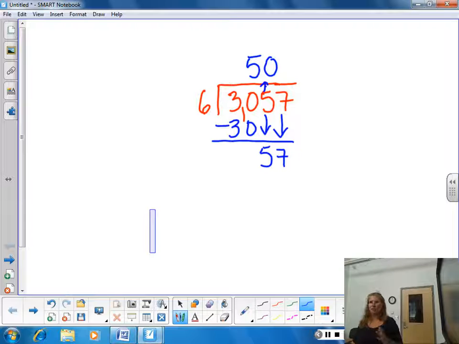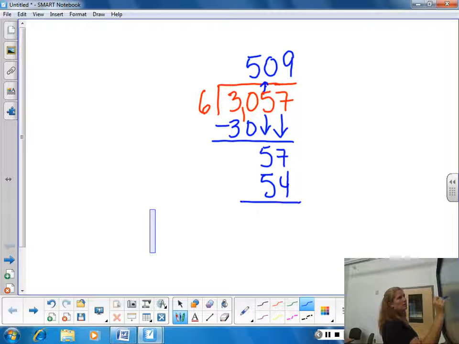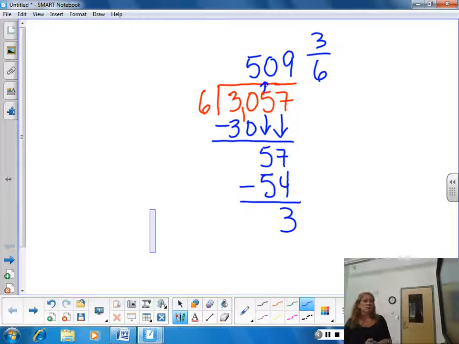I do that a lot where I check, well, what about 6 times 10? Am I close? And if I'm close, but it's a little over, I just drop down to 9. 9 times 6 is 54. 57 minus 54 is 3. 6 doesn't go into 3, so that's your remainder. So you have 3 over 6 as your remainder.